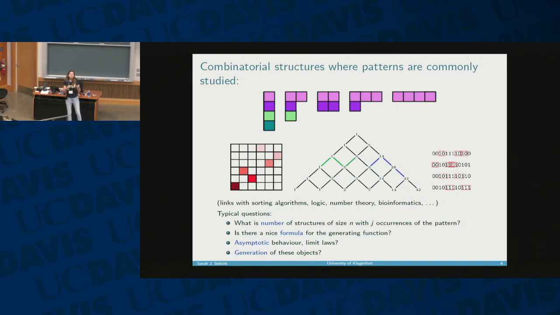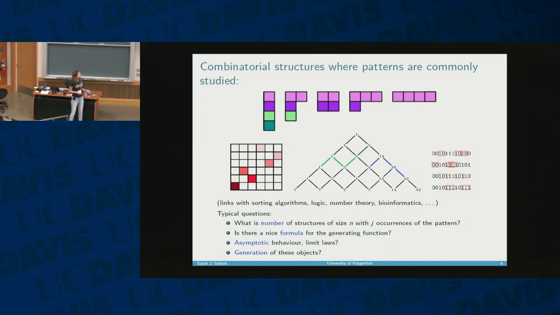And patterns in lattice paths, particularly the cases which are a little bit easier than walks in the quarter plane, well, maybe a lot easier, but still not easy, such as completely unrestricted lattice paths with patterns avoided, and lattice paths in the half plane with patterns avoided.